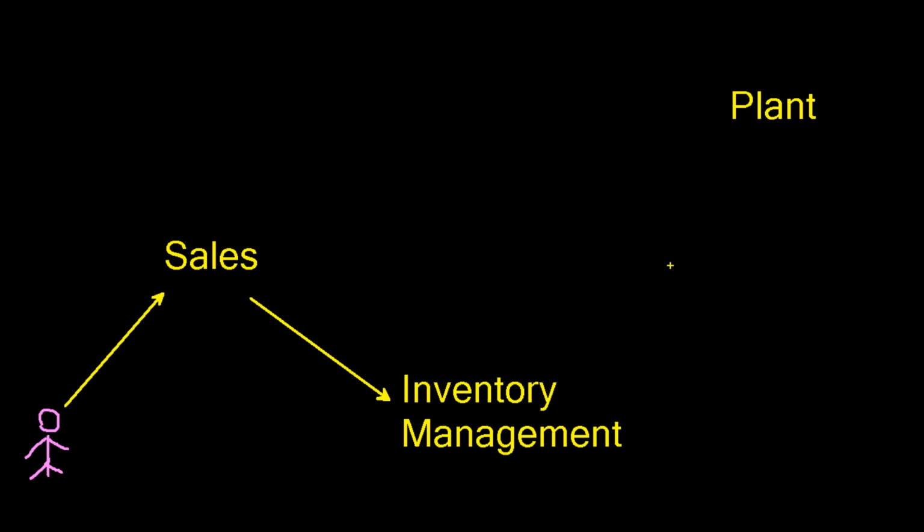So inventory management approaches material management. The material management team says we don't have the funds to purchase the raw material. So the inventory management team approaches the finance team.